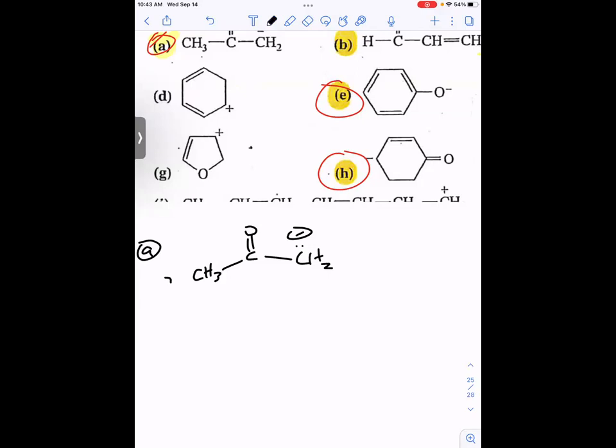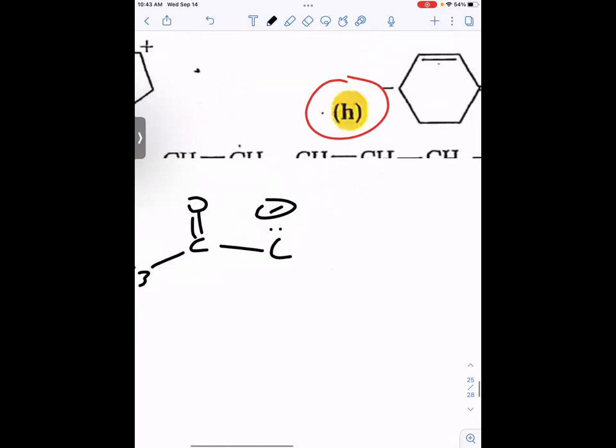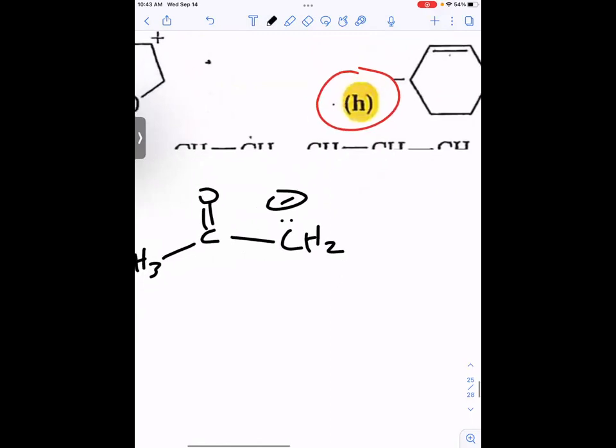Number one, identify the system. Number two, identify the donor and the acceptor. Number three, put the arrows in to generate the resonance form, showing how we push the electrons.